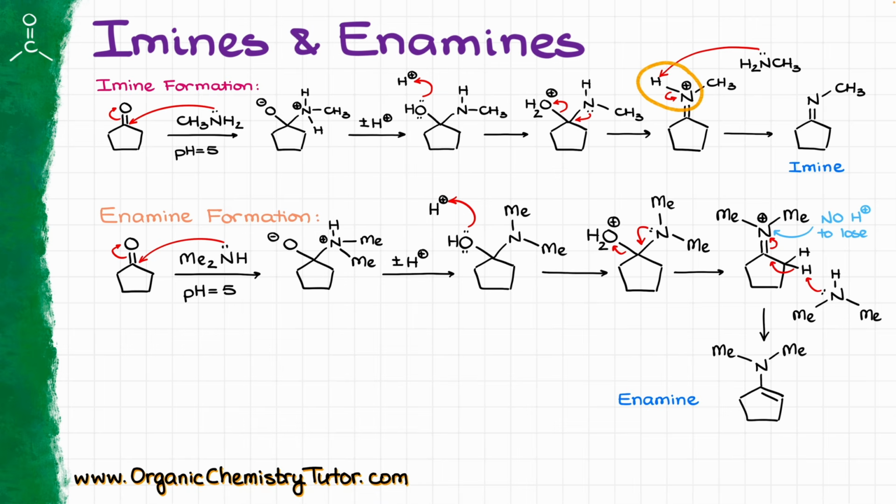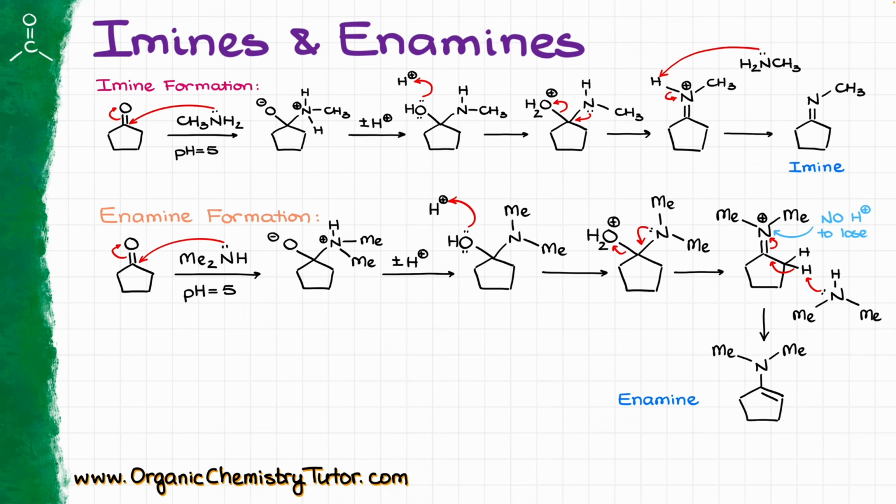In the case of the enamine formation, this nitrogen over here does not have any protons on it, so we cannot easily stabilize it by deprotonating this molecule. So what we have to do is take a proton from the nearby carbon, and that gives us a carbon-carbon double bond rather than a carbon-nitrogen double bond.